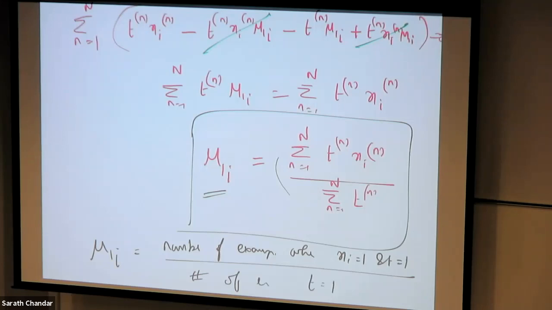You take all the examples where class is 1, and you count how many times that feature was 1. That counting is what your μ_1i is. Similarly, we can compute μ_2i, which is for class 2.